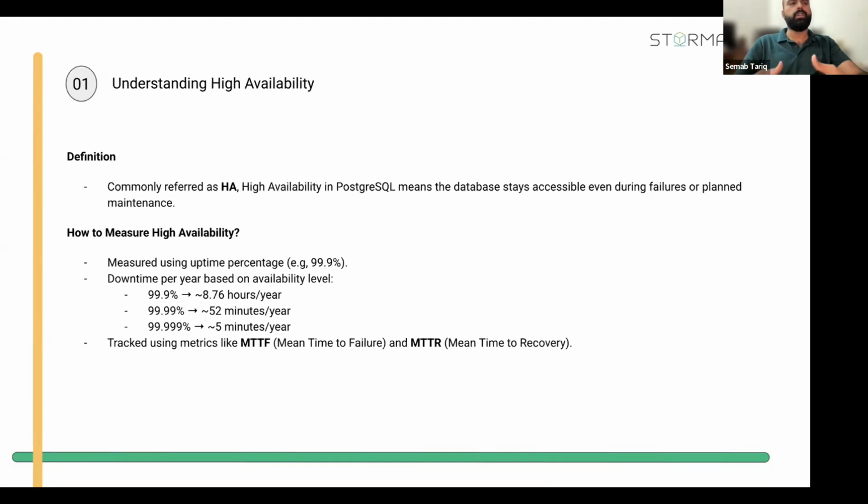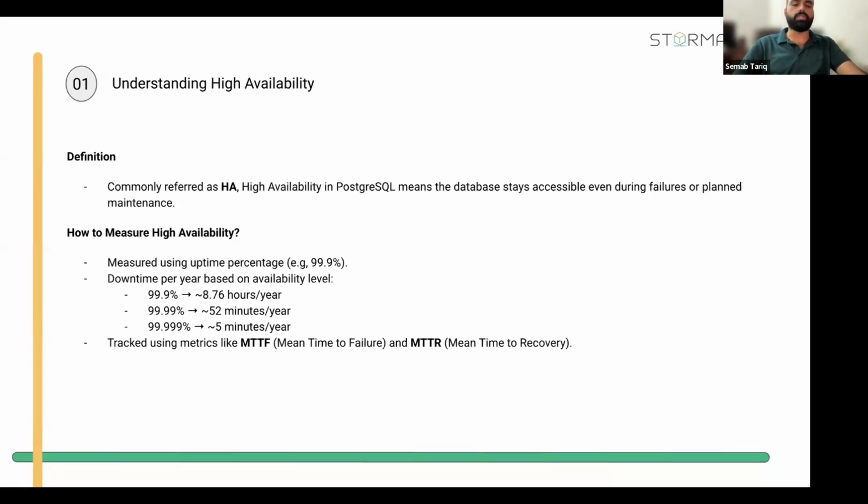The next question would be, how do we actually measure high availability for our systems? Well, the most common way to measure high availability for our system is using the uptime percentage of our system. If we say our system is 99.9% highly available, that means that throughout the year, our system will be 99.9% online.